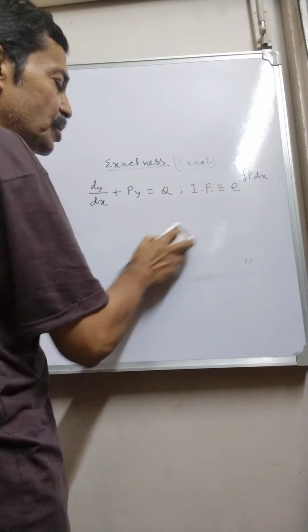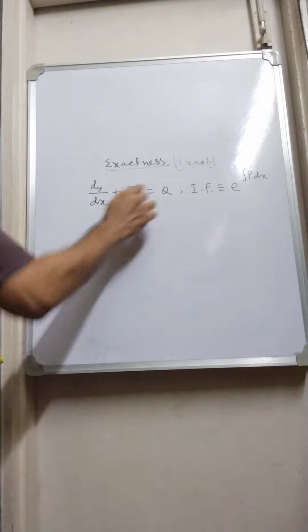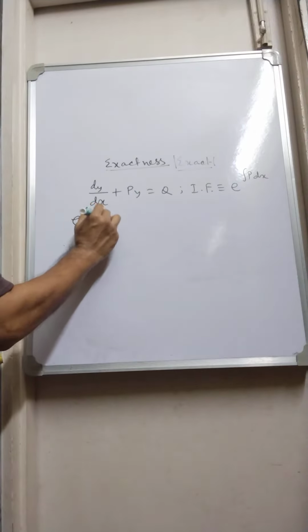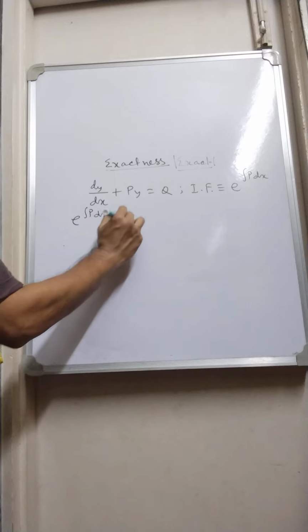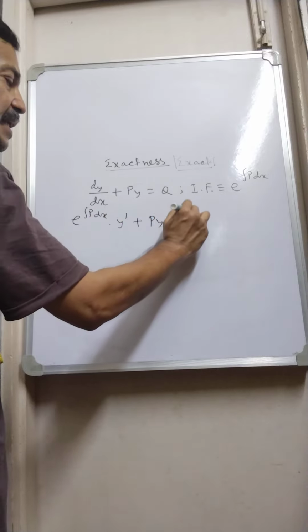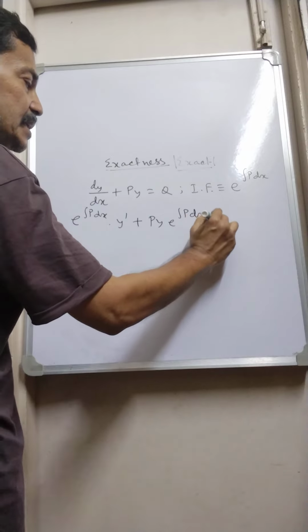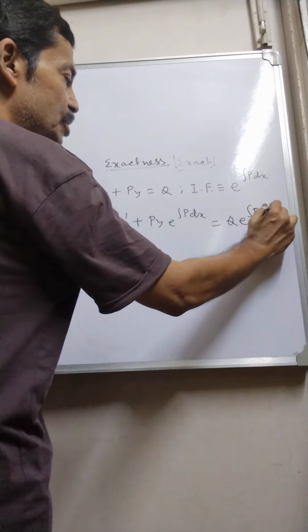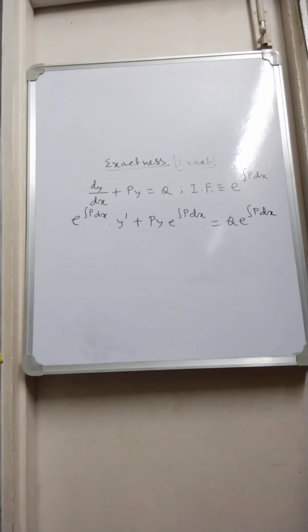Whenever we multiply this with the integrating factor, it becomes e to the power integral p dx into y prime plus py, e to the power integral p dx, equal to q into e to the power integral p dx.